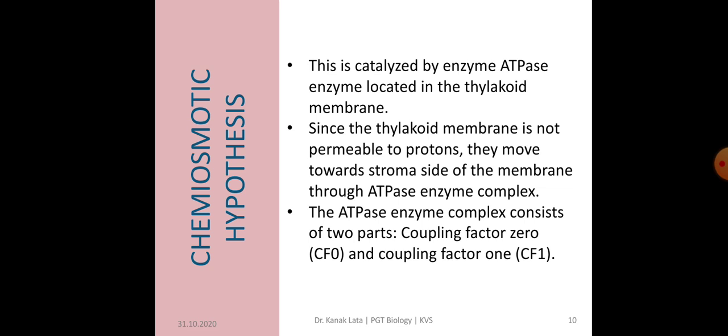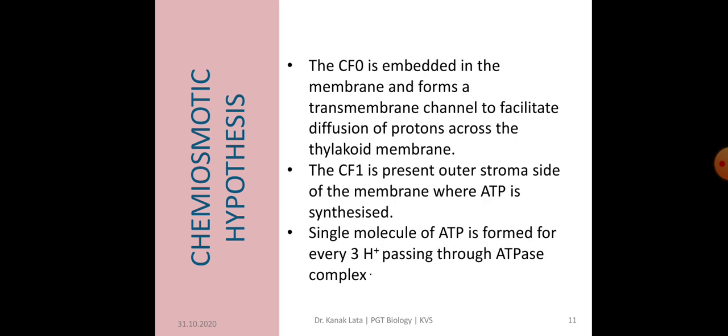They move towards the stroma side of the membrane through the ATPase enzyme complex, which consists of two parts, that is coupling factor 0 and coupling factor 1, denoted by CF0 and CF1. The coupling factor 0 is embedded in the membrane and forms a transmembrane channel to facilitate diffusion of protons across the thylakoid membrane.